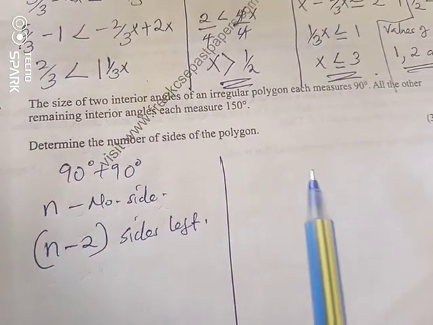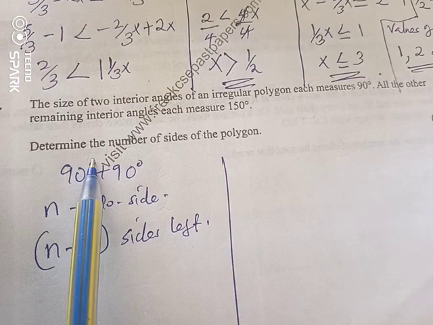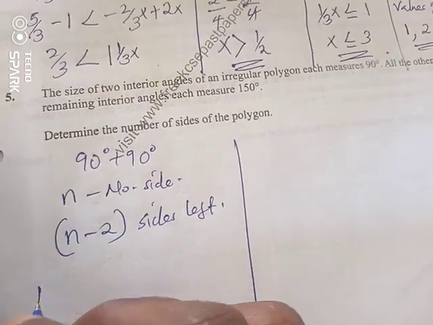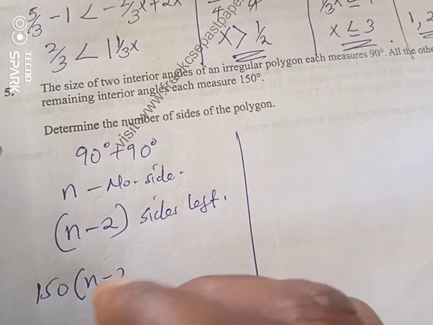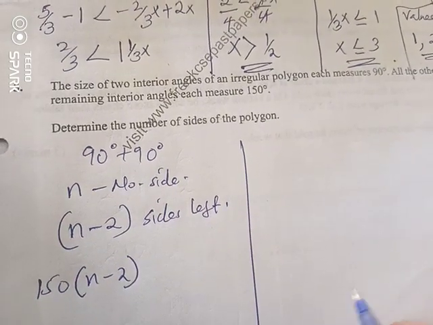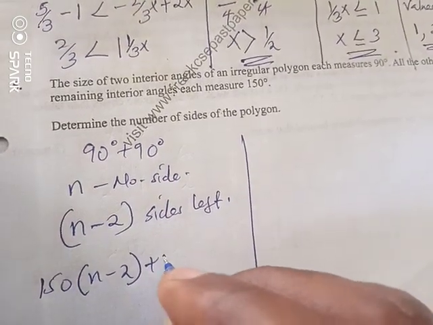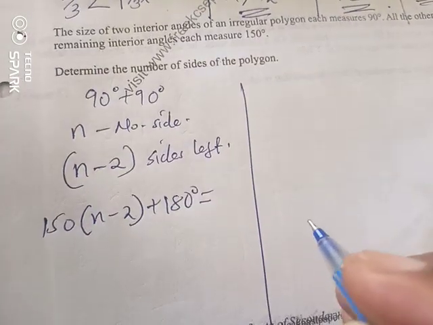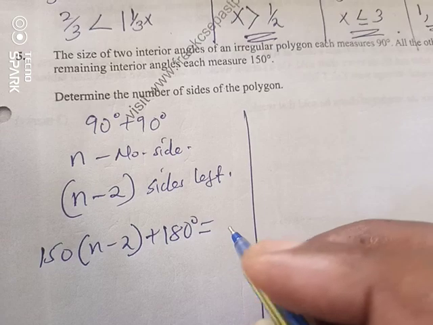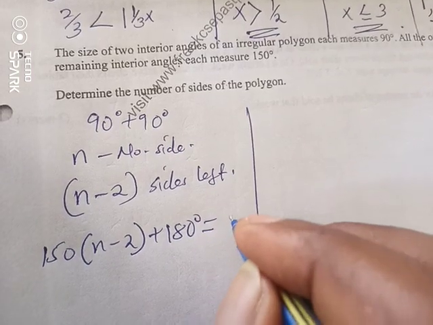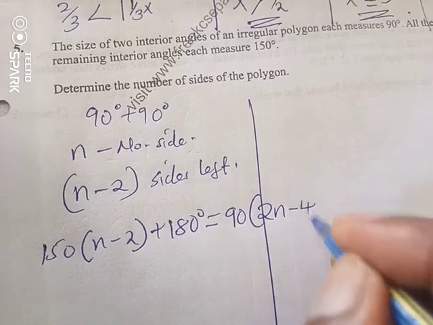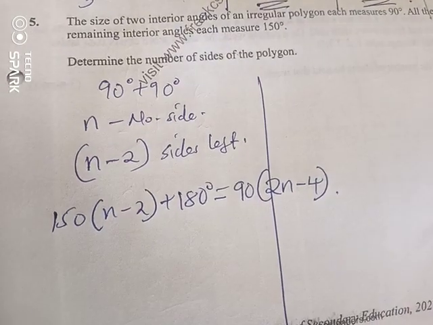So each of the remaining sides, all the other remaining interior angles, each measures 150. So we shall have 150 into n minus 2. And remember, we had already 90 and 90, that is 180. This should be equated to the expression for getting the total sum of interior angles as 90 into 2n minus 4.